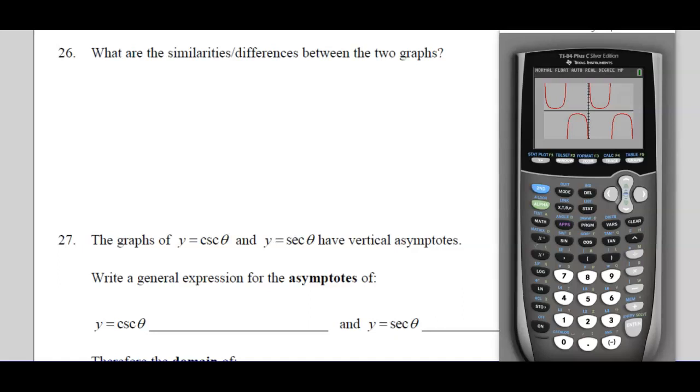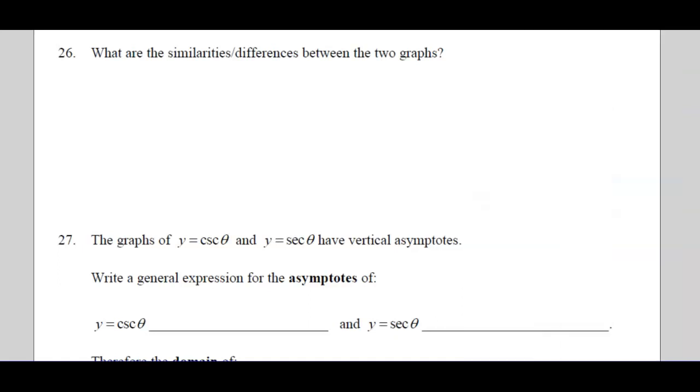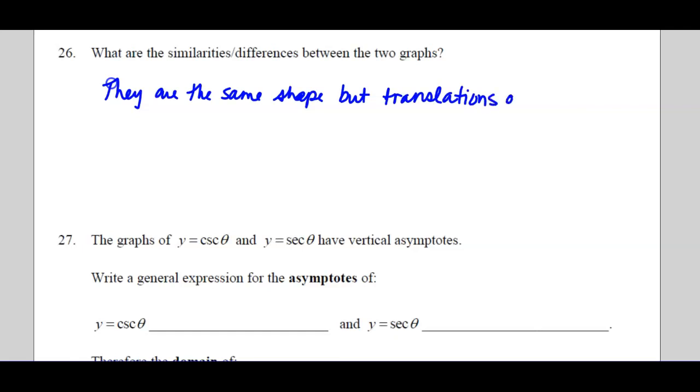When you compare the similarities and differences between those two, they are the same shape but translations of each other. So domain and range are the same.